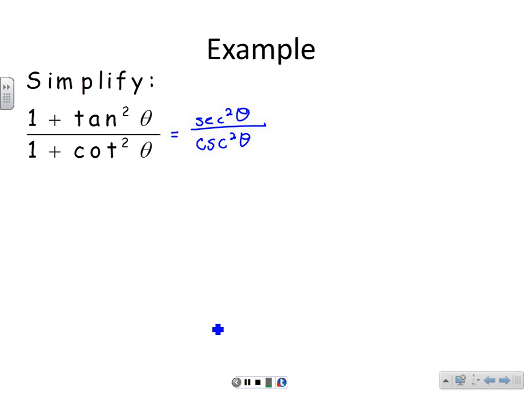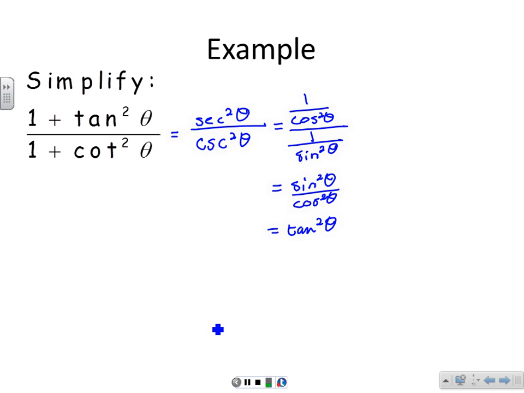And then I can use my quotient identities, and I can say that this is 1 over cosine squared theta, and this one's going to be 1 over sine squared theta. And then when I use my complex fraction, skin over guts, I'm going to get sine squared theta over cosine squared theta, and that's going to be tangent squared theta. So that one cleans up really nicely.